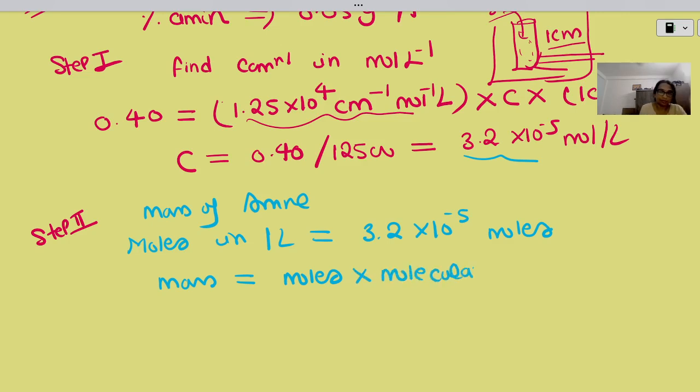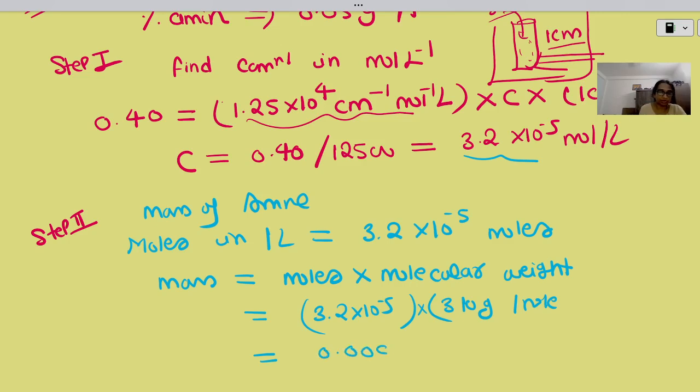Putting the values, 3.2 into 10 to the power minus 5 moles into 310 grams per mole, we get 0.00992 grams. This is the mass.